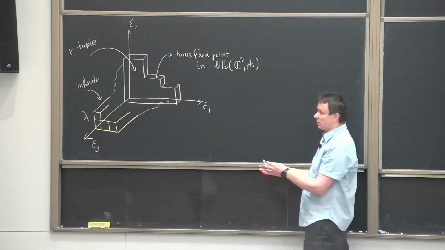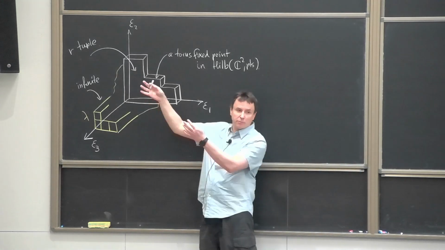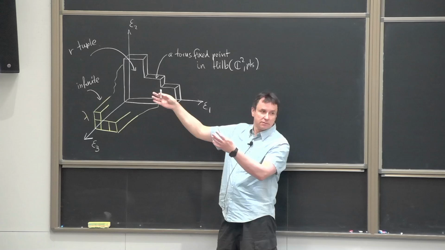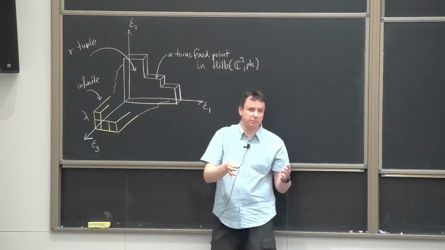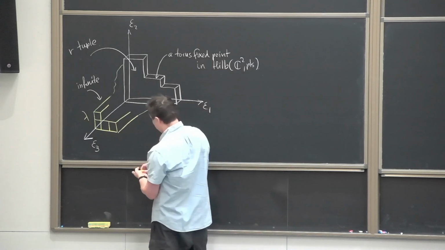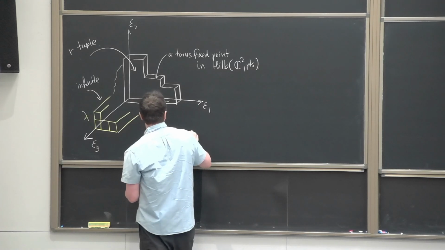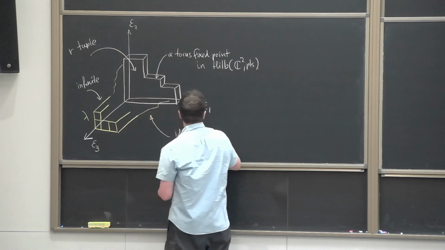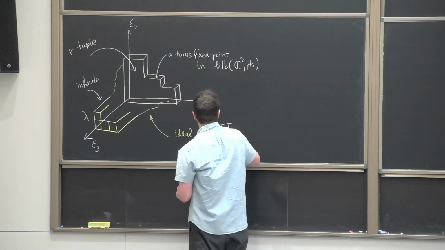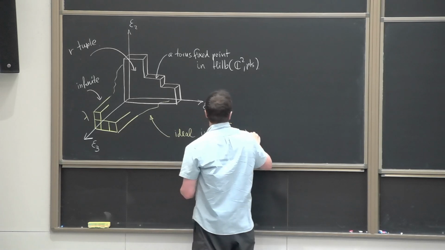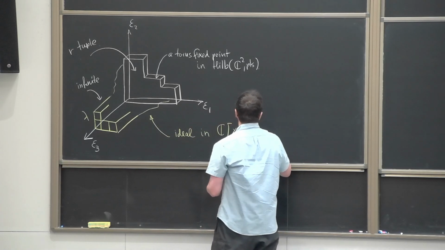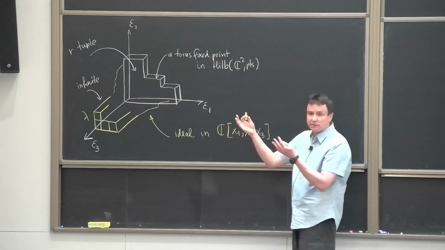By the same argument, if you bring in monomials in one more variable, this would be this whole 3-dimensional picture. This is an ideal. It corresponds to an ideal now in the ring of polynomials in 3 variables. But it's not of finite codimension.